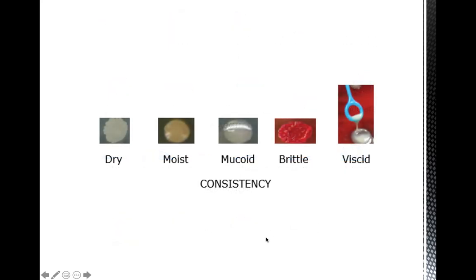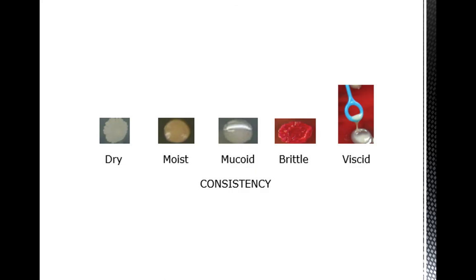Now, the consistency of the microbial colony is also very important. You'll be able to observe colonies that are very dry looking, not shiny. In some instances they're moist or mucoid, they're shiny. In some instances they're brittle, meaning they break if you touch them with your loop.